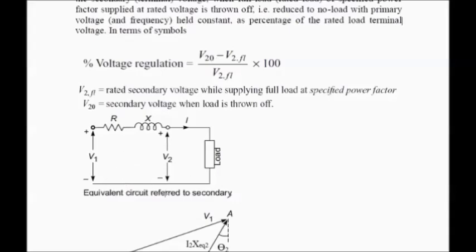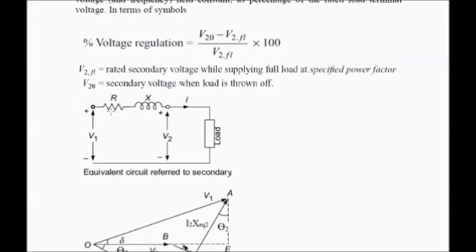Suppose this is the equivalent circuit of the transformer referred to the secondary side. I have neglected the parallel branch because IE is almost 0, so I can neglect that branch easily. Here it is R, X and the load. Here I have the terminal voltage V2 and this is the supply, which is V1.